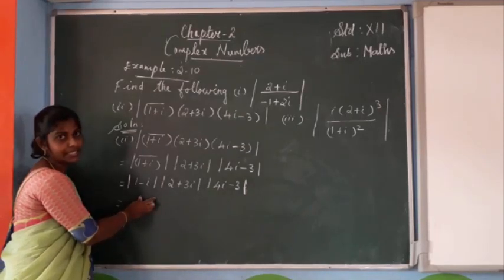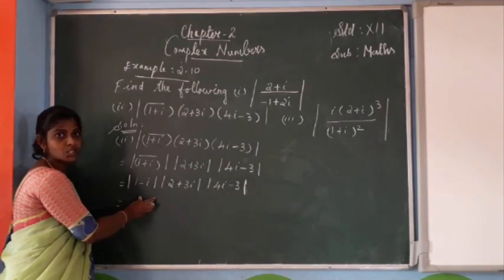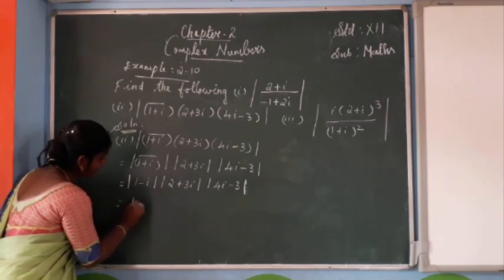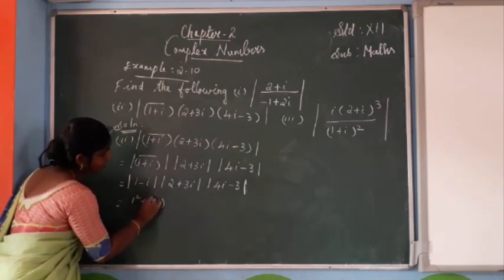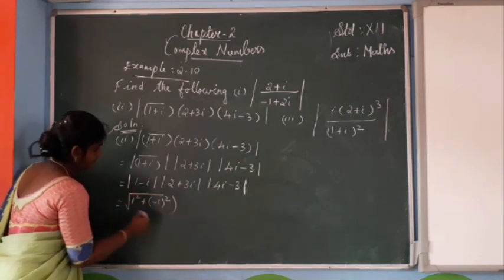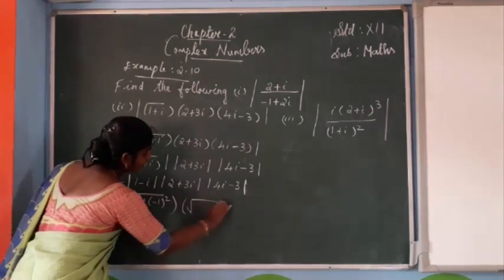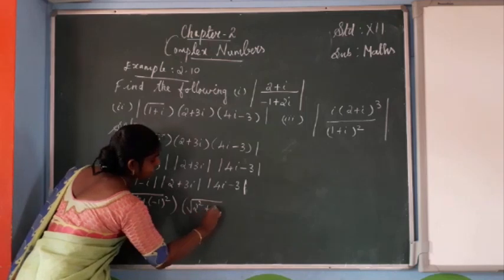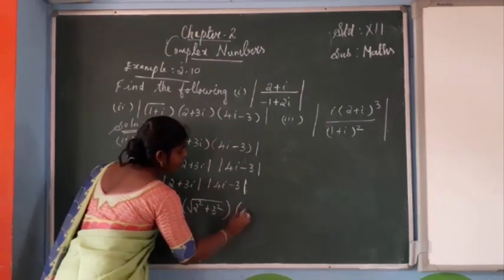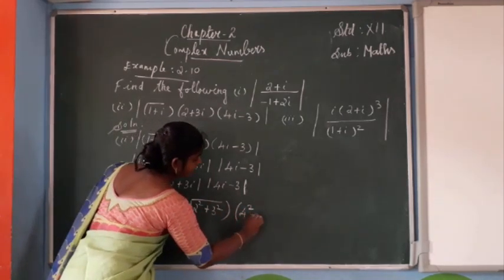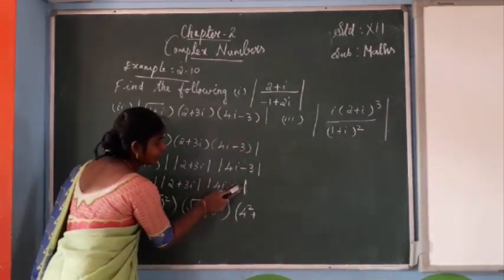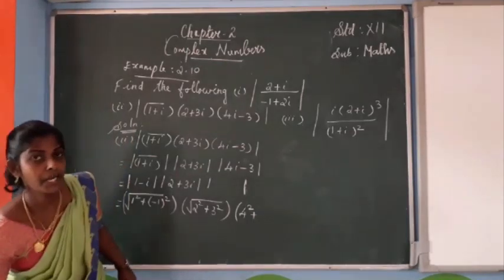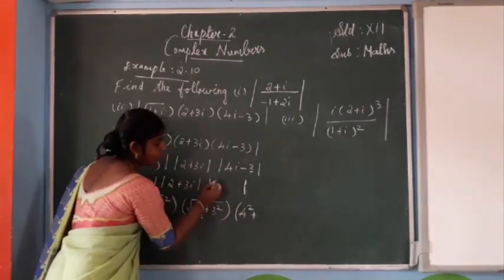Then we can use the formula, root of x square plus y square. So root of 1 square plus (minus 1) the whole square, into root of 2 square plus 3 square, into root of... You have to write the real part first, then the imaginary part.